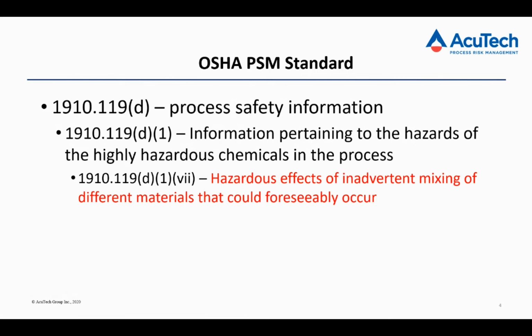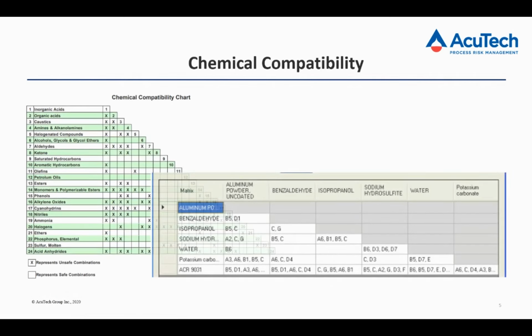The process safety information section in the OSHA PSM standard is divided into three parts. One part is information pertaining to the hazards of the highly hazardous chemicals in the process. And then the subpart of that is hazardous effects of inadvertent mixing of different materials that could foreseeably occur.